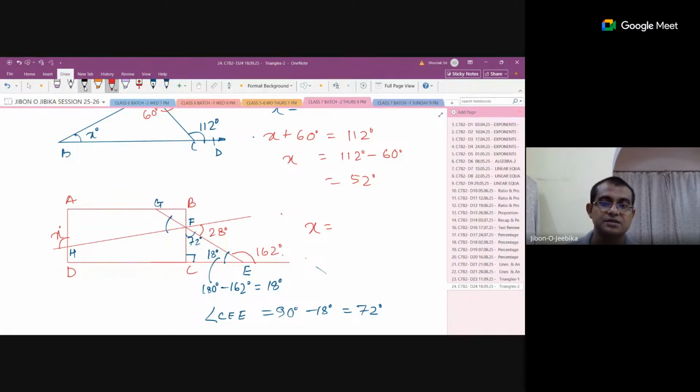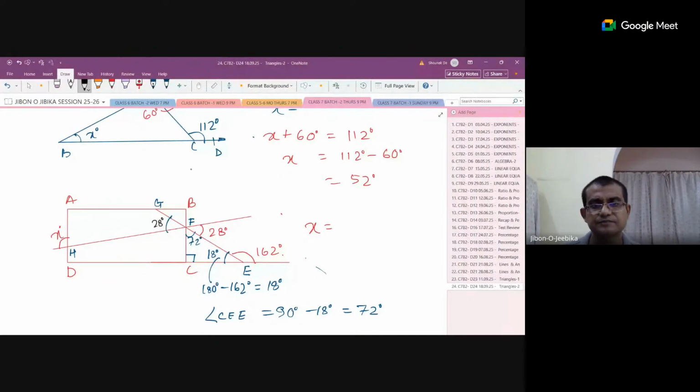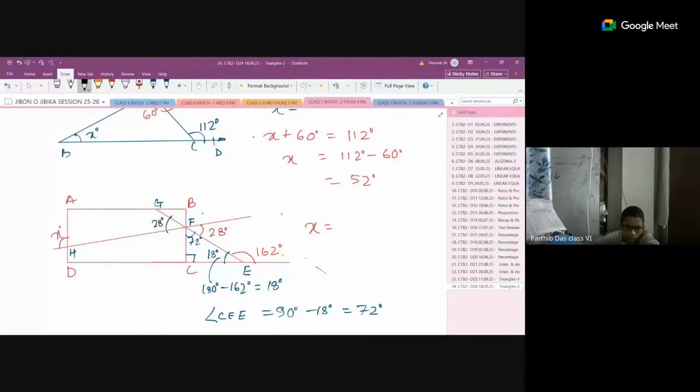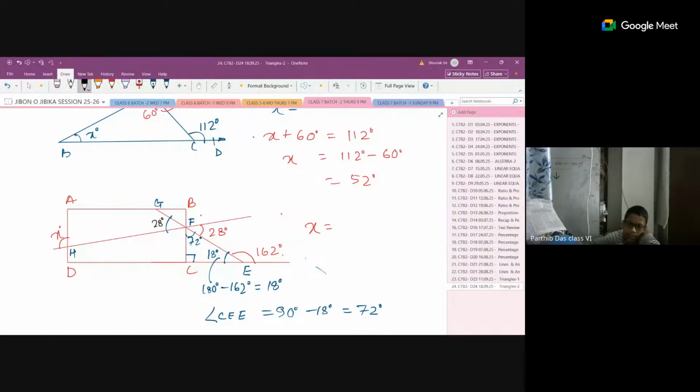It is also 28 degree. Okay, then after that GFB is equal to 72 degree because vertically opposite angle.